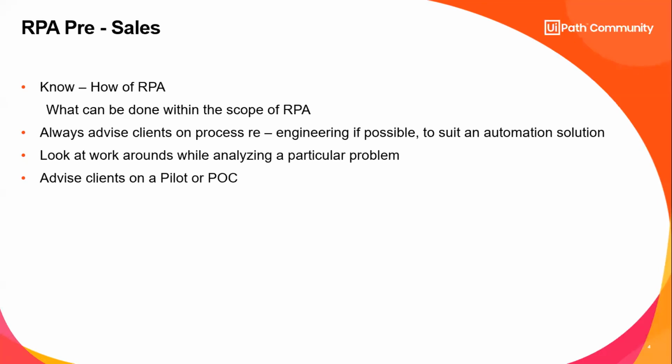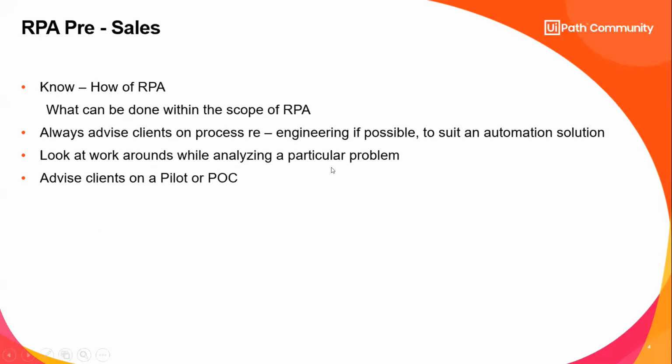For example, if we have to go from A to C, and we have B in between, but we can skip B and go directly to C, then our first try would be to re-engineer the process and then automate on top of it, because then the automation will reap more benefits compared to automating the process as is.